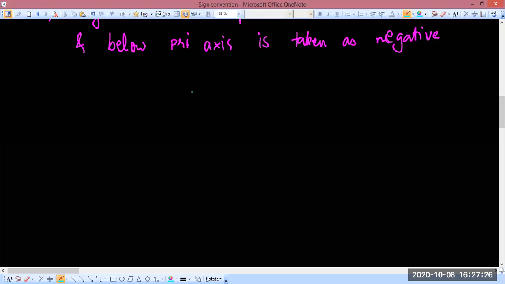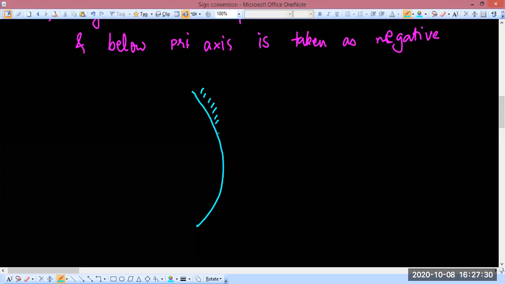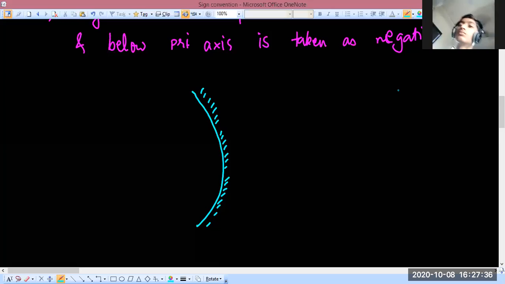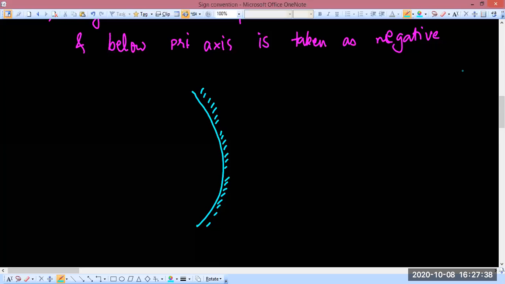Suppose this is a curved mirror. Such a mirror. Don't bother about concave and convex right now. Okay, this is a curved mirror. That's it. Okay, so see, mirror is not like a line. A mirror has a shape. How is a mirror actually made?